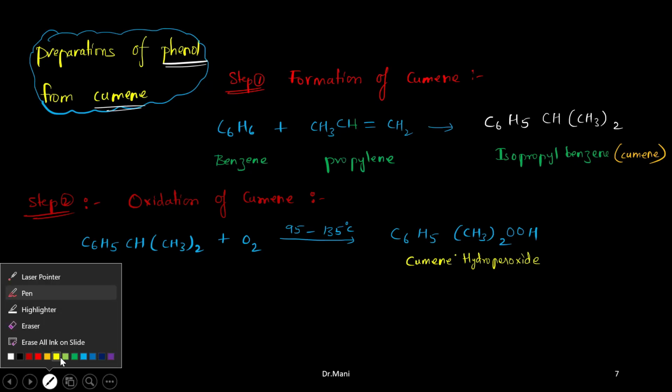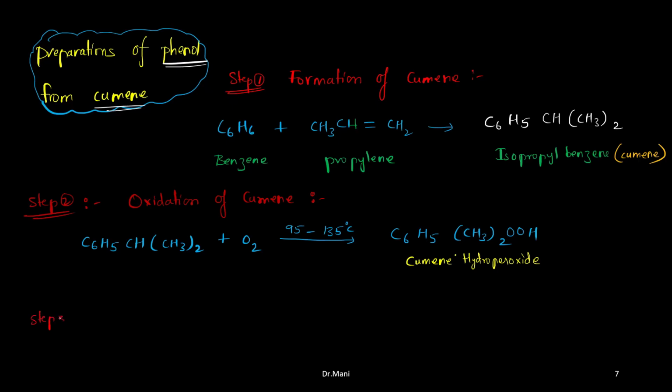Now this cumene hydroperoxide will be involved in step 3. What happens in step 3 is acid catalyzation. A rearrangement will happen with the help of an acid that catalyzes this process.